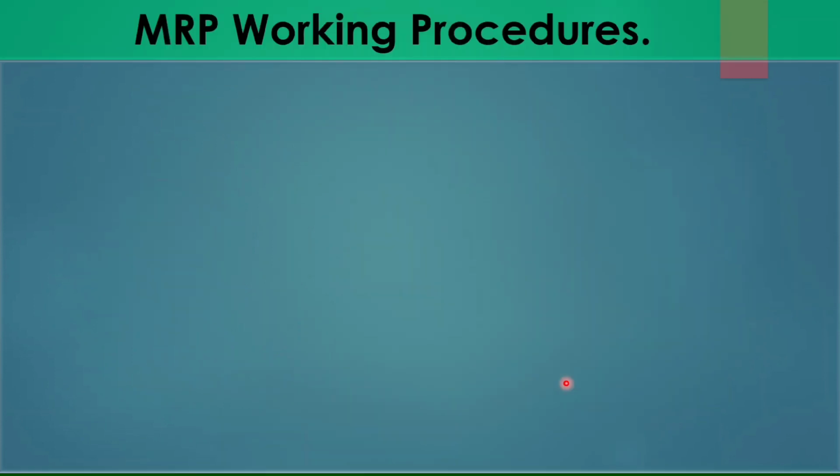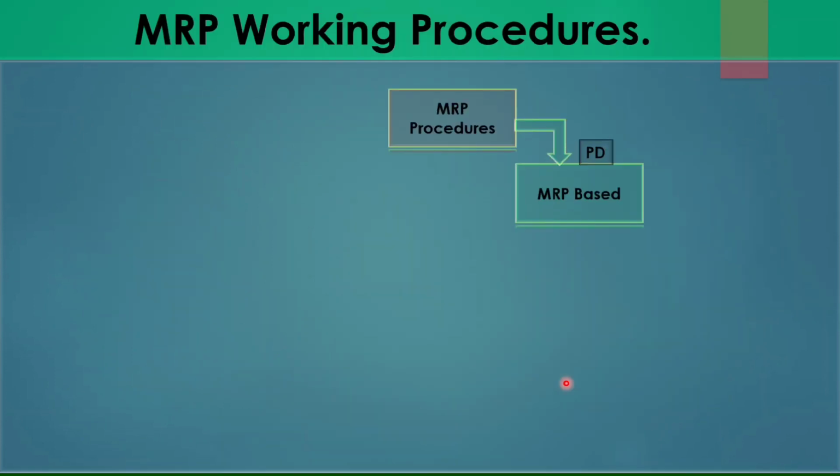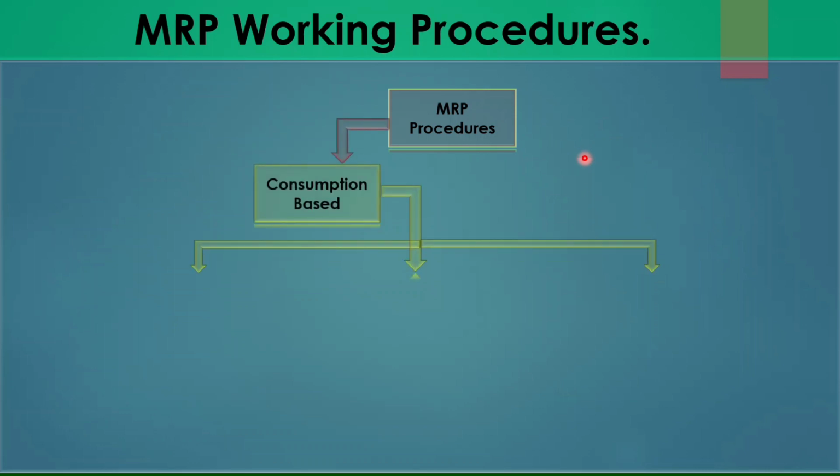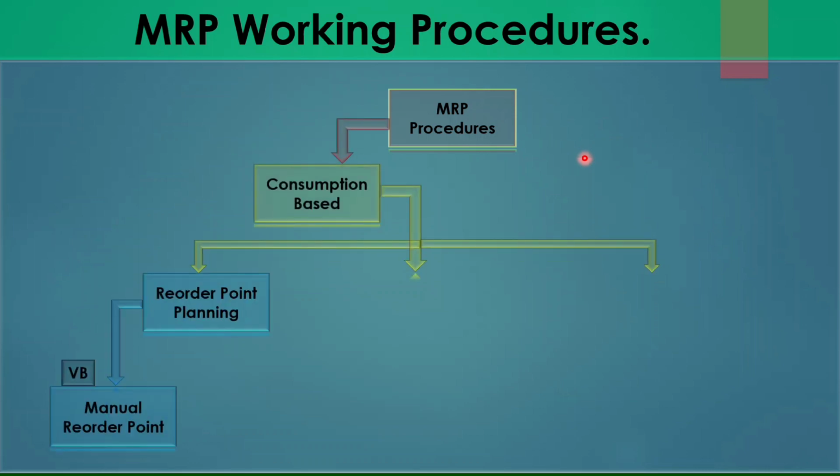We have seen the MRP procedure, MRP-based planning, when we have a planning file and accordingly how we run MRP, and MRP type PD. After that, in consumption-based planning, we have seen manual reorder point. Today we will see automatic reorder point.